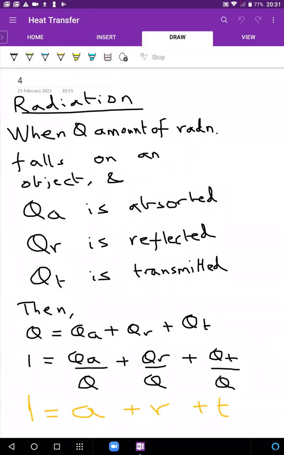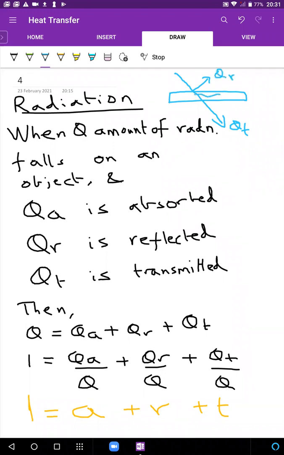Let me just explain transmitting and reflecting. Basically, if you have an object, if this object allows heat to pass, that is called transmitted. If it reflects heat, that's called reflected heat.